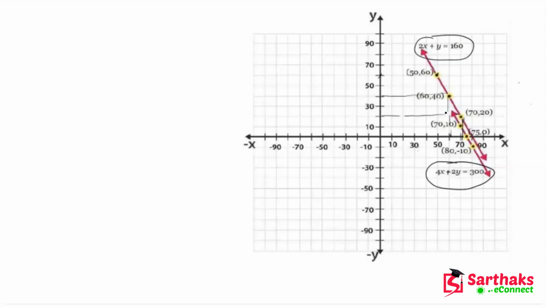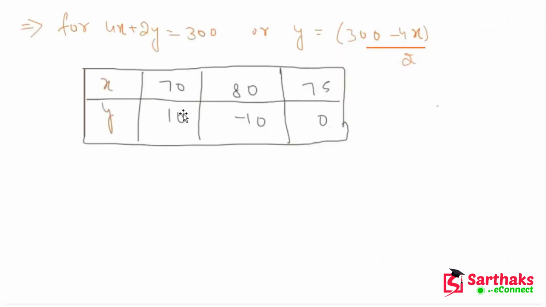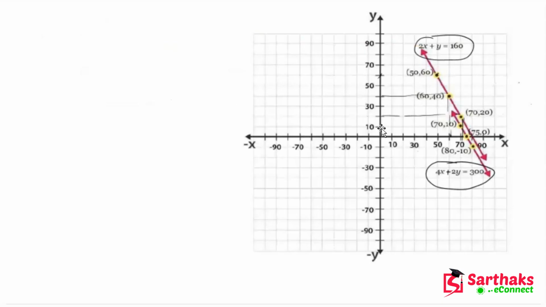So my dear friends, this is our 2x plus y is equal to 160, and in the same way, with the help of these points 70 comma 10, 80 comma minus 10, and 75 comma 0, we can plot 4x plus 2y is equal to 300. Okay, my dear friends, I hope you get this point.